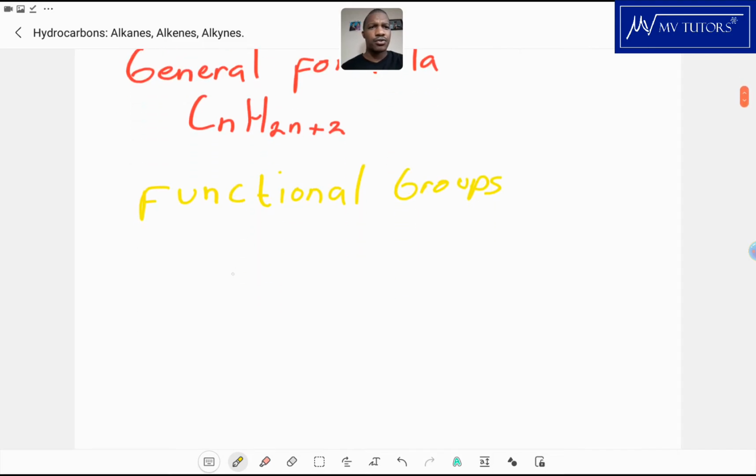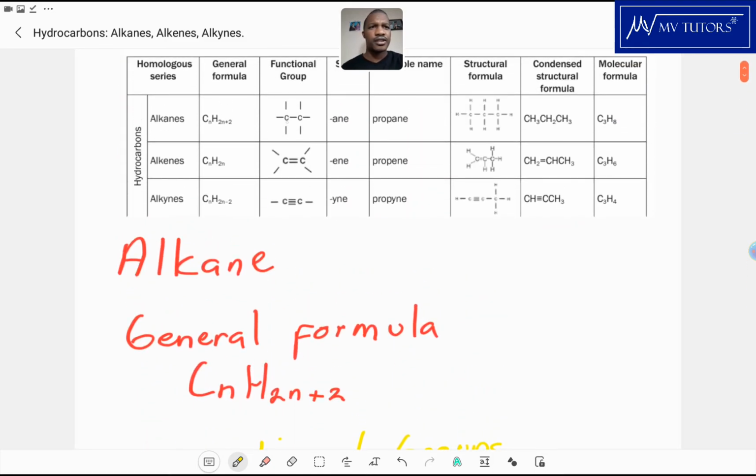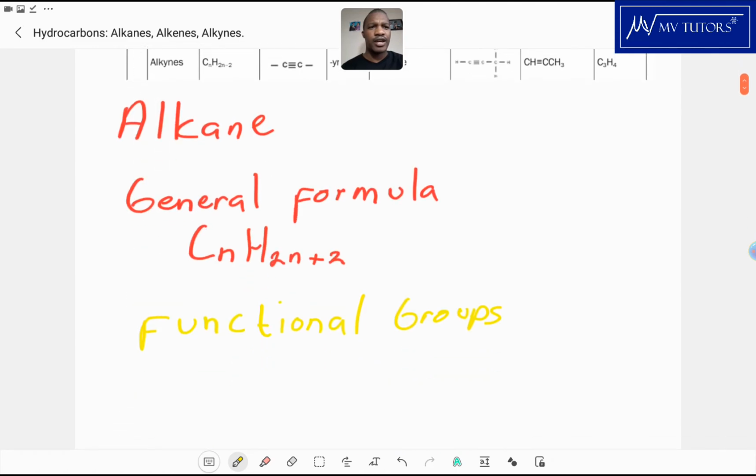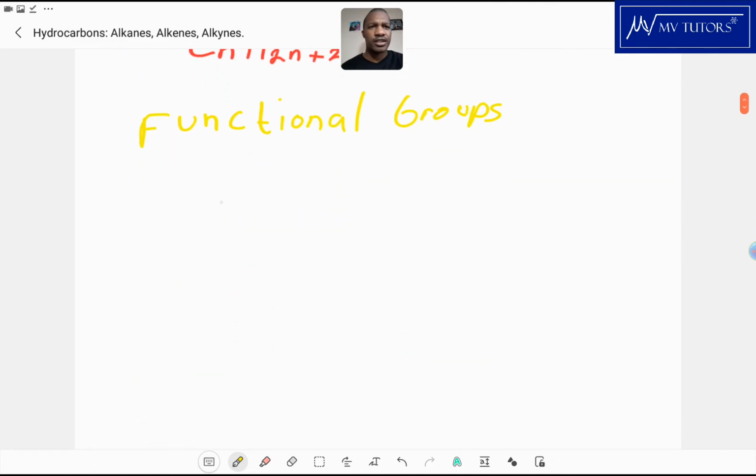The functional group, as you can see here, is given just by single bonds. Single bond means that's a single bond. Okay, that's it.